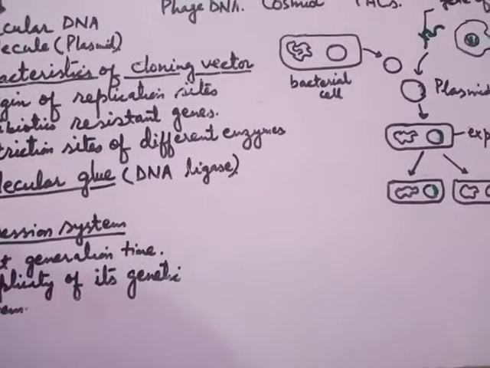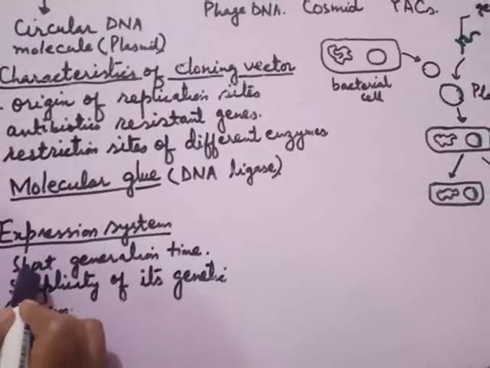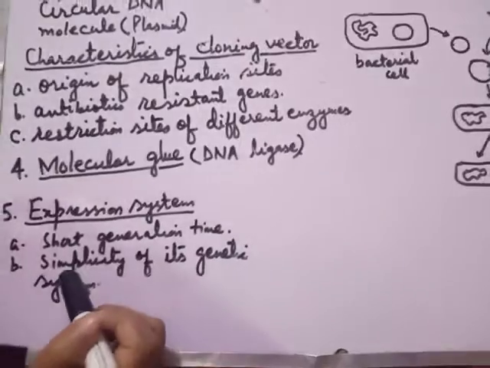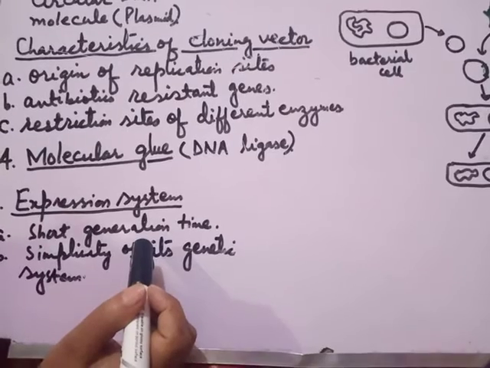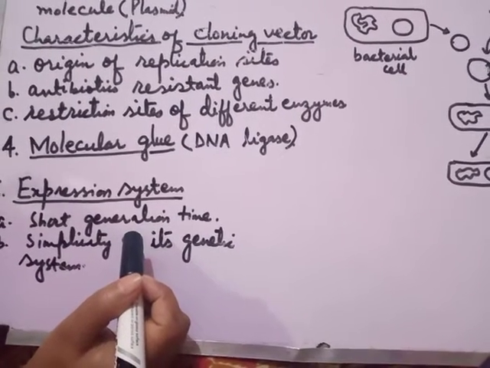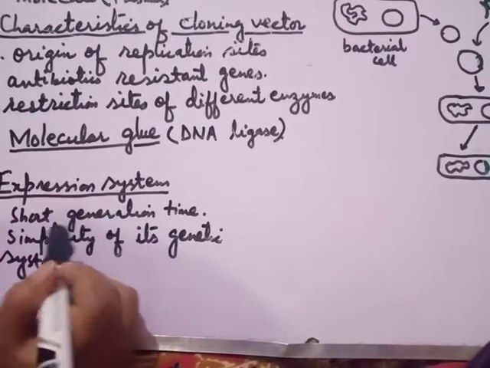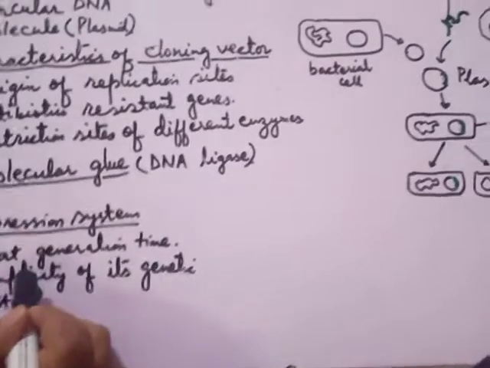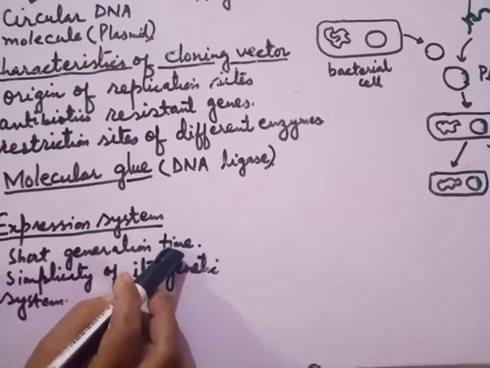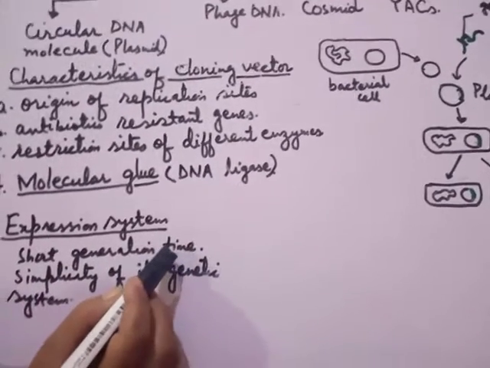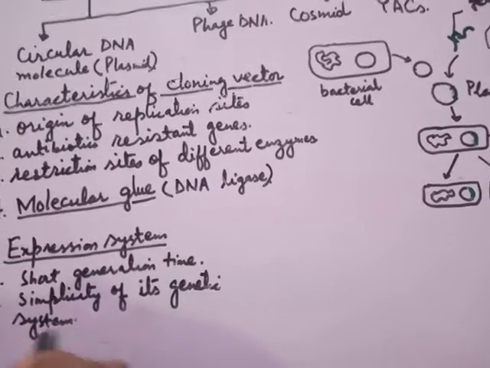And then number five, the component of recombinant DNA technology is the expression system. A suitable organism that can act as host for the recombinant vector to express itself is called an expression system. Students, an expression system must have a short generation time, like a bacterial cell, because a single bacterial cell can divide every 20 minutes, and it must have a simple genetic system.